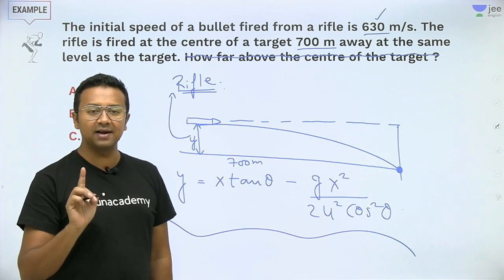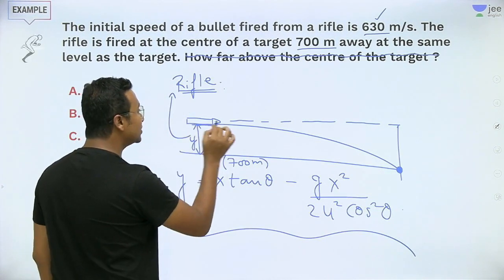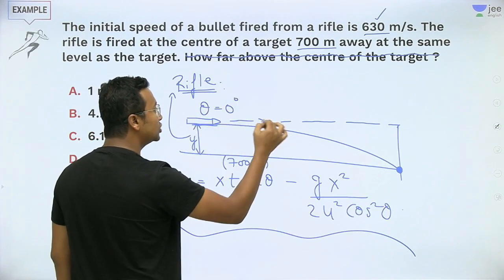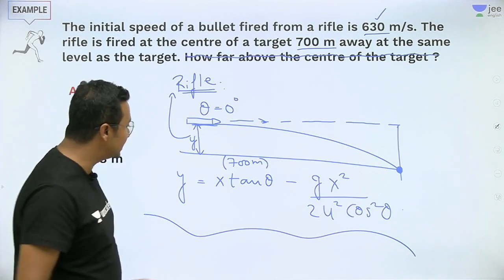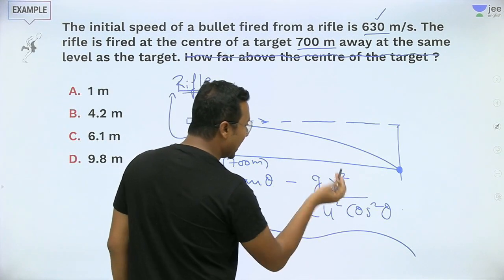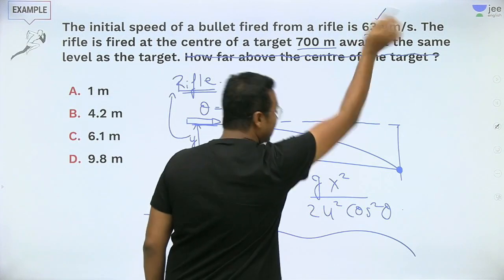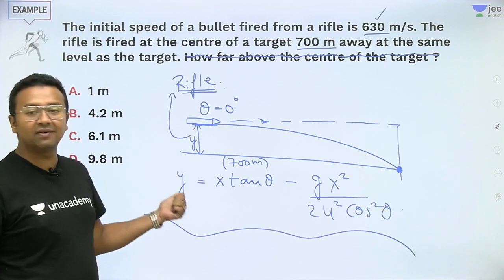And theta is going to be equal to what? Theta is 0 degree because it is projected horizontally. G is 10, x we know is 700, u is 630 meters per second, and cos of 0 is equal to 1. So you right away get the value of your y.